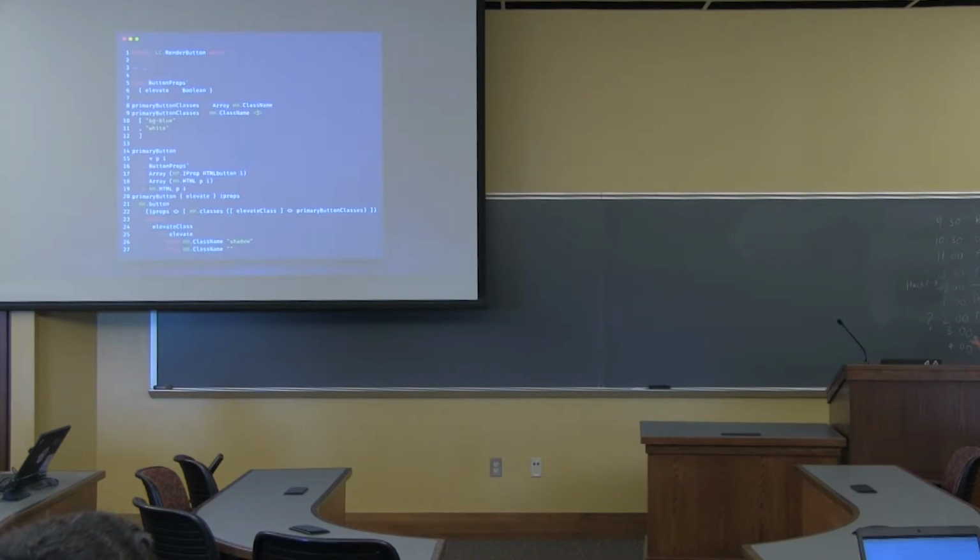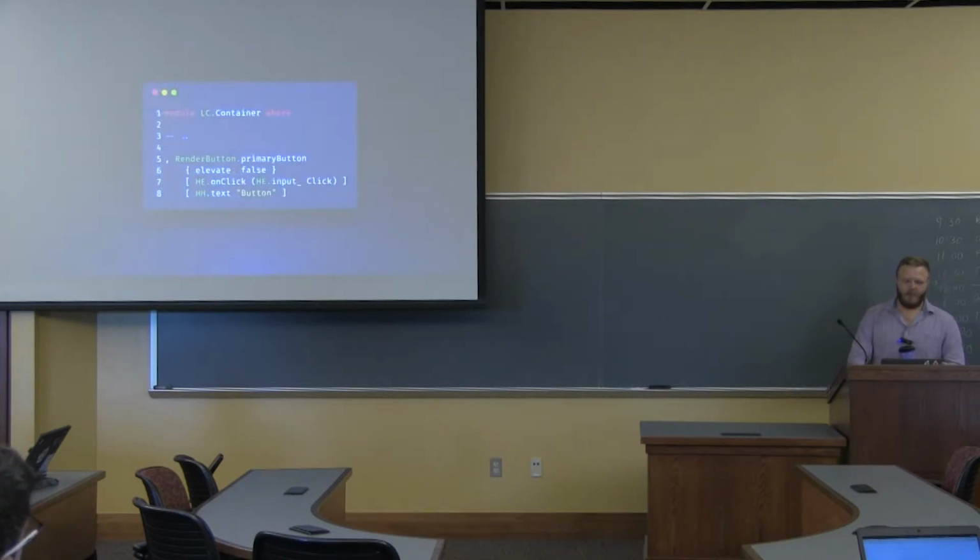So this is one approach that we've taken: these bigger buckets of categorization, broken out into separate functions. That may be acceptable to some people, maybe not to others. It's worked out well for us. And so instead of calling my button passing in type, I am just calling primary button. But I've still got this elevate, and it sucks. I want to get rid of these configs as much as I can.